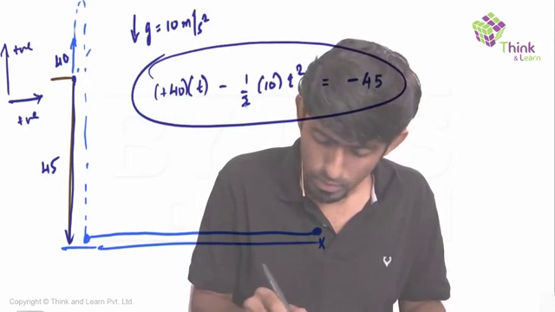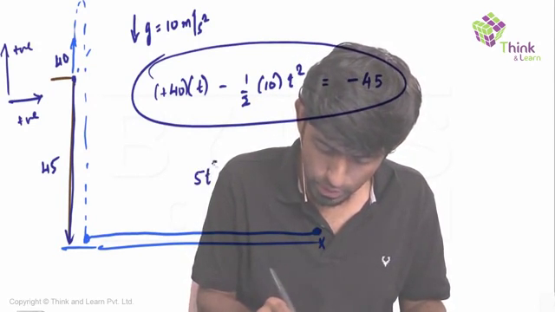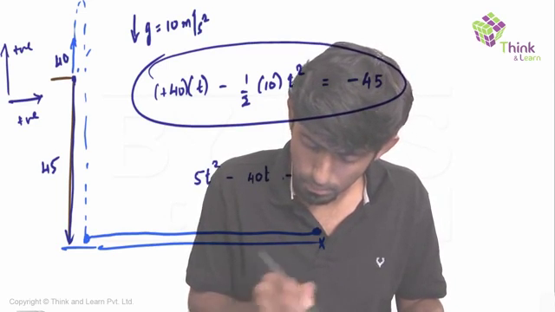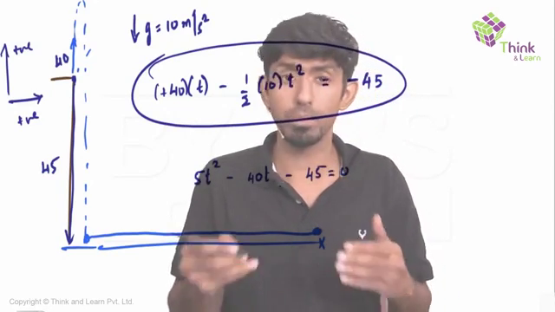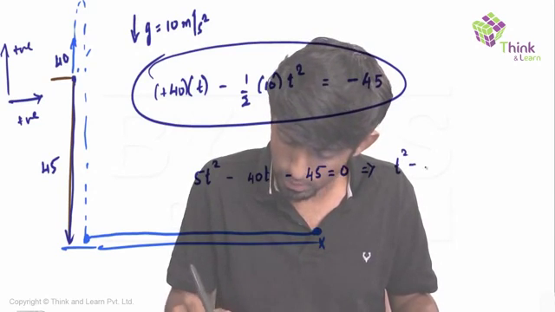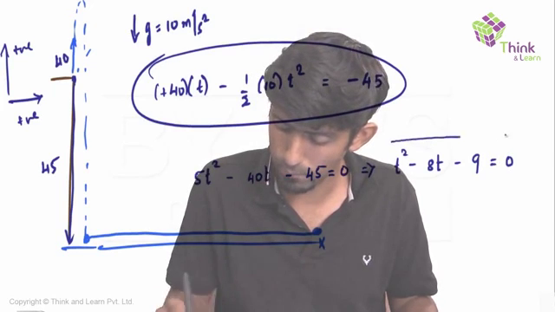Let's do it. So you take it to the other side, it's going to be 5t squared minus 40t minus 45 equals 0. And if you simplify it, t squared minus 8t minus 9 equals 0.